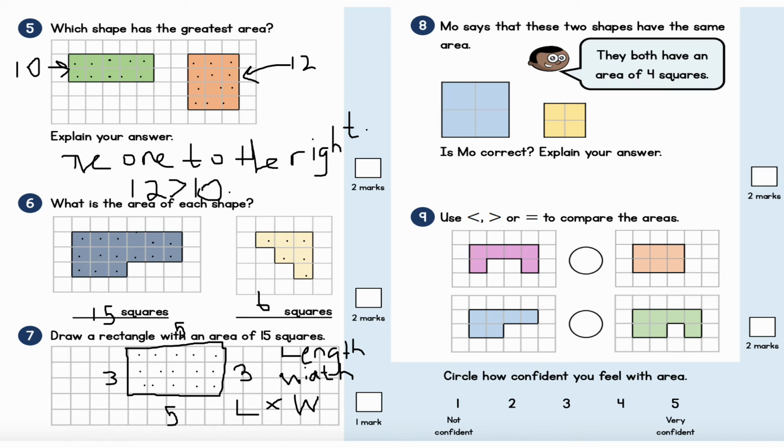This is question number 8. Mo says that these two shapes have the same area. So 1, 2, 3, 4. 1, 2, 4. Yes, it has an area of 4.